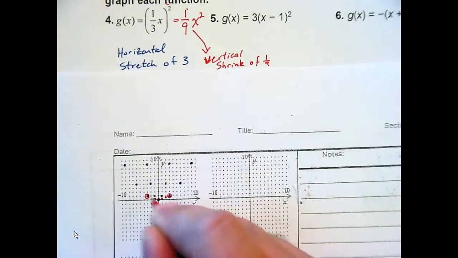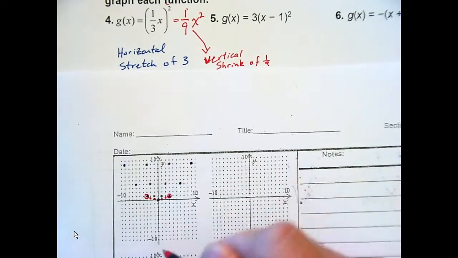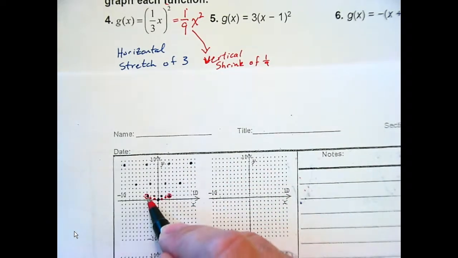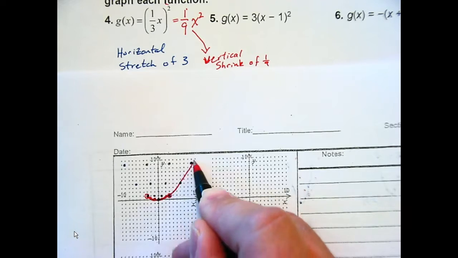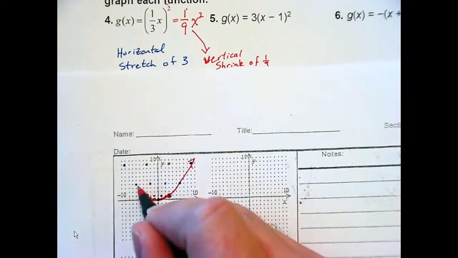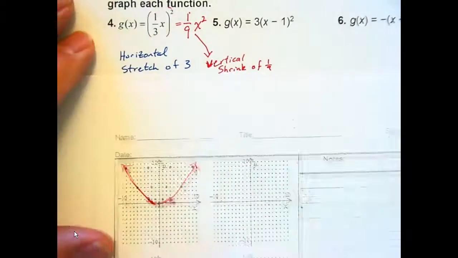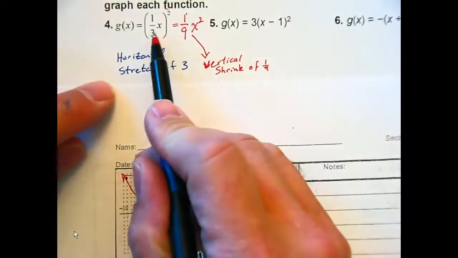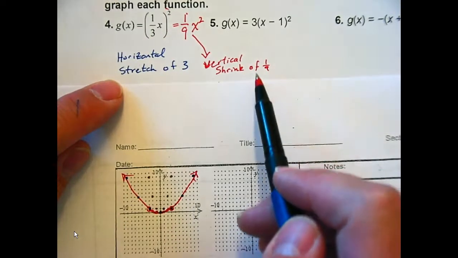Okay, 1/2 and 1/2. All right? Notice how you start getting this cheesy looking grin down here. That happens to be the bottom of your parabola. Okay? Just so we're aware, a horizontal stretch of 3 is the same thing as a vertical shrink of 1/9.